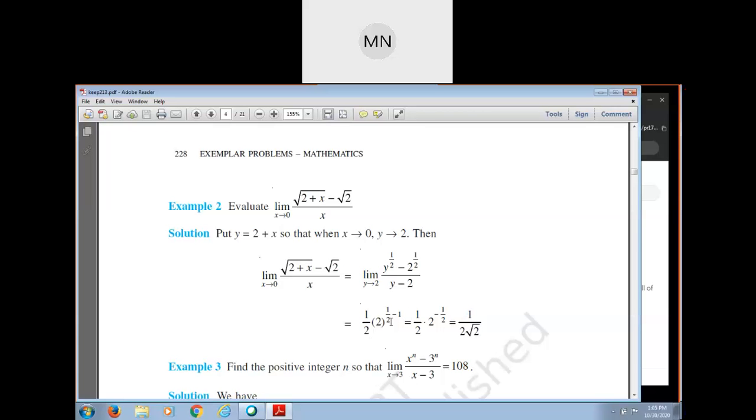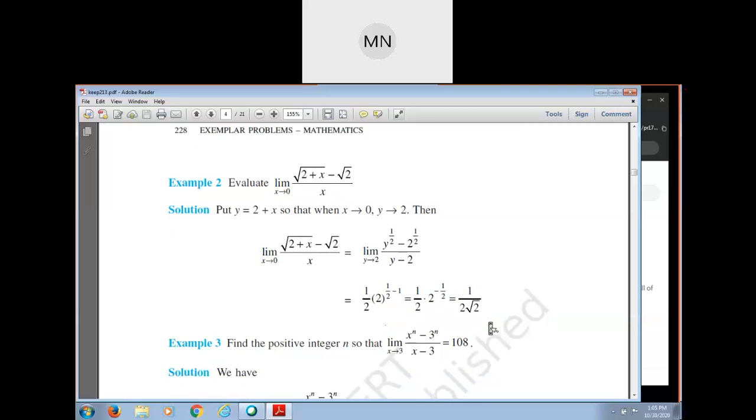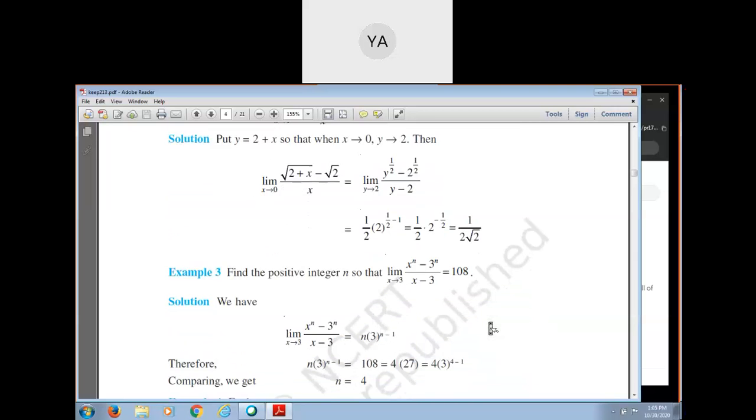So it will be half into 2 to the power minus half, so it is this one. Is there any doubt? No, ma'am. Okay, then see the next problem.